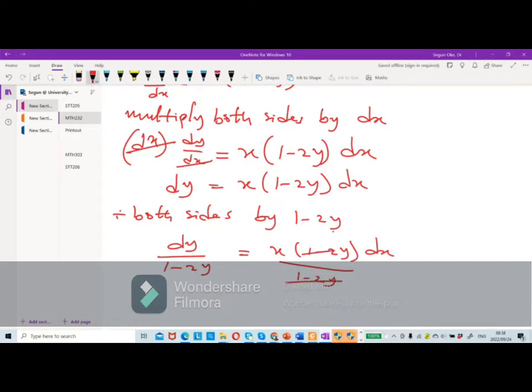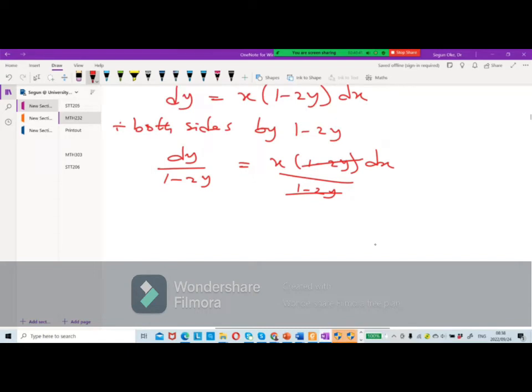So this one will go with this. Are we together now? So here we have 1 over 1 minus 2y dy equals x dx.